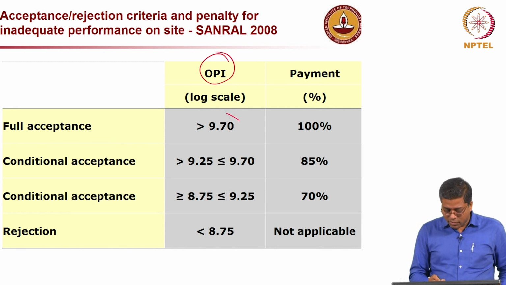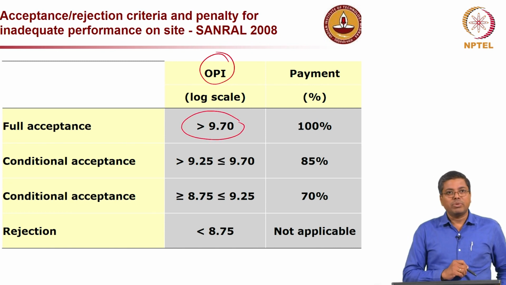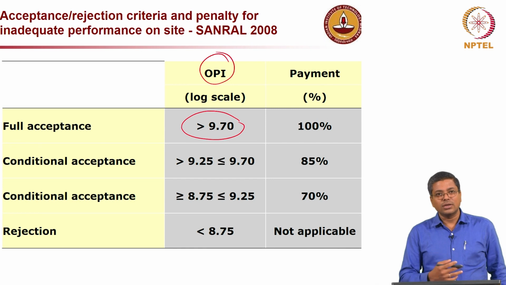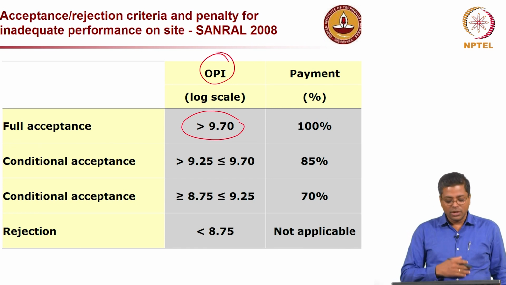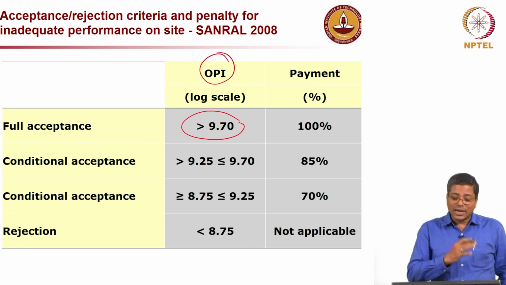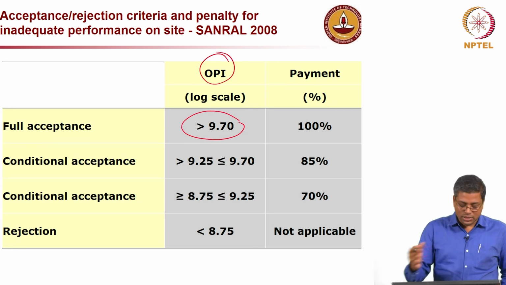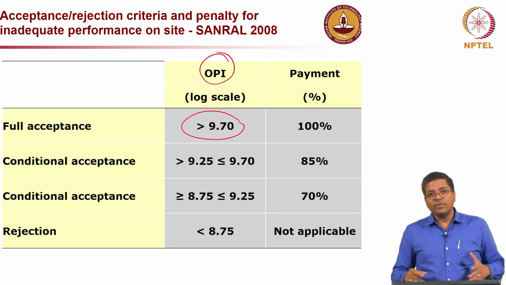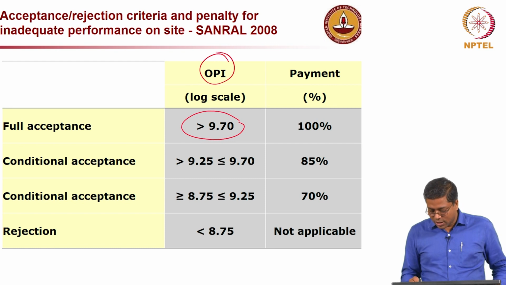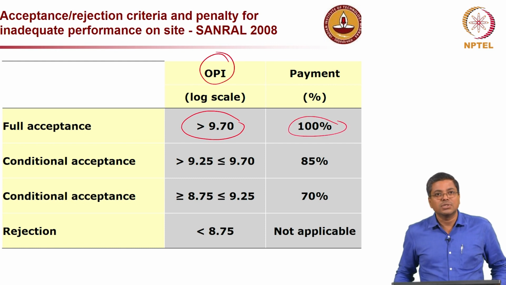Here the owner told the contractor that after the construction is over, we will do a performance test at random locations on the constructed facility, and if the oxygen permeability index, OPI, is greater than 9.7, then the contractor will get 100% payment.